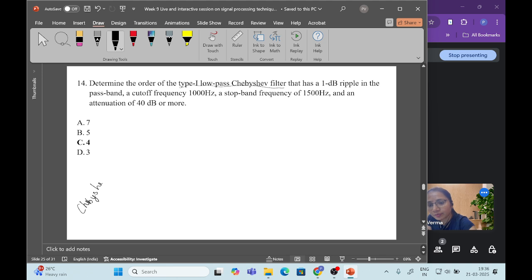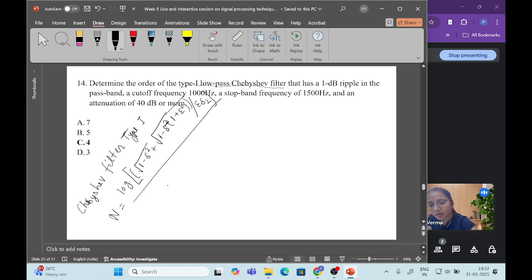Chebyshev filter type 1. So order of that filter n is equal to log in brackets 1 minus del square plus root 1 minus del square times 1 plus e square, in brackets, then divided by e del 2, then this bracket closed, divided by log omega s divided by omega p plus root of omega s divided by omega p whole square minus 1.